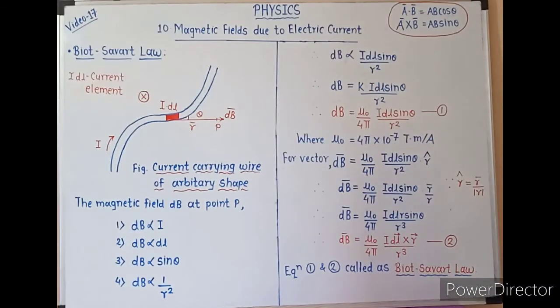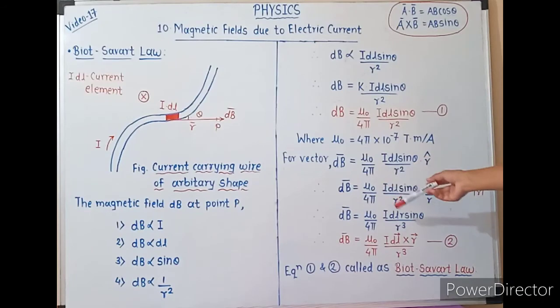Now we have to find the direction of this magnetic field. So the vector dB bar is equal to mu 0 upon 4 pi I dl sin theta upon r square into r cap, where r cap is the unit vector. The value of this unit vector r cap is r bar upon magnitude of r, so here we get r bar upon r.